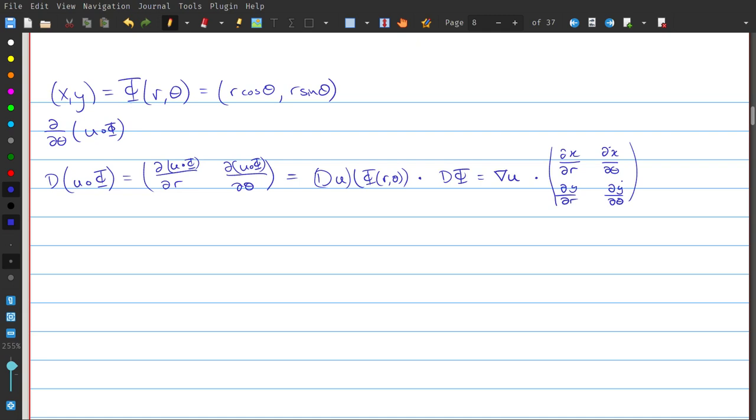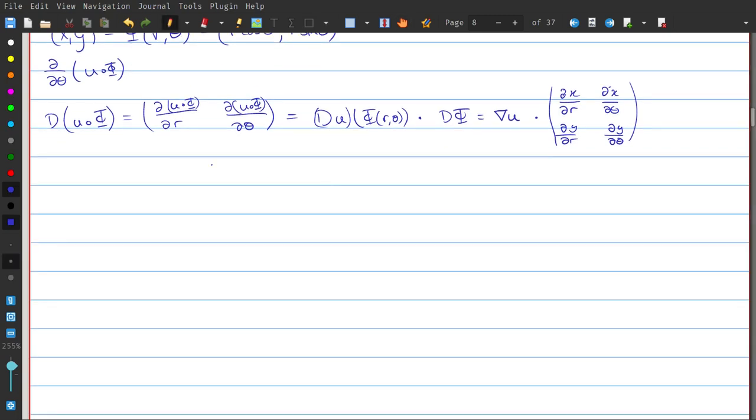So then what do we see in the form of this matrix? We see that for a coordinate transformation, the columns are x with respect to r and y with respect to r. And the same thing here with theta.